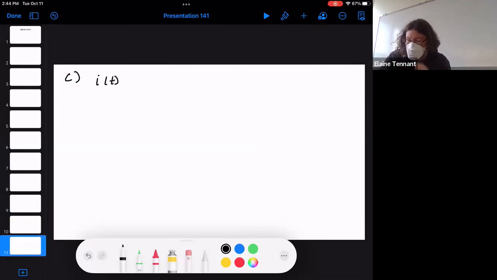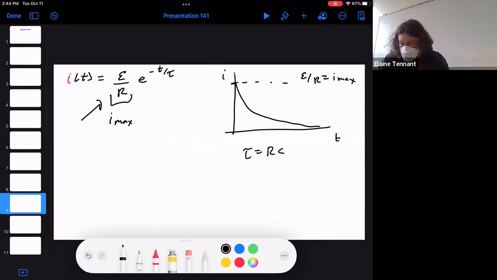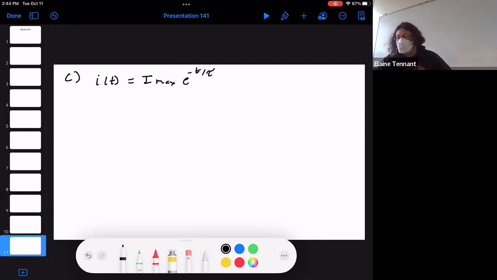I'm writing this down because we're getting to a point, I promise, where I have I max e to the negative t over tau. So we had I max e to the negative t over tau, just in terms of what they want us to talk about.